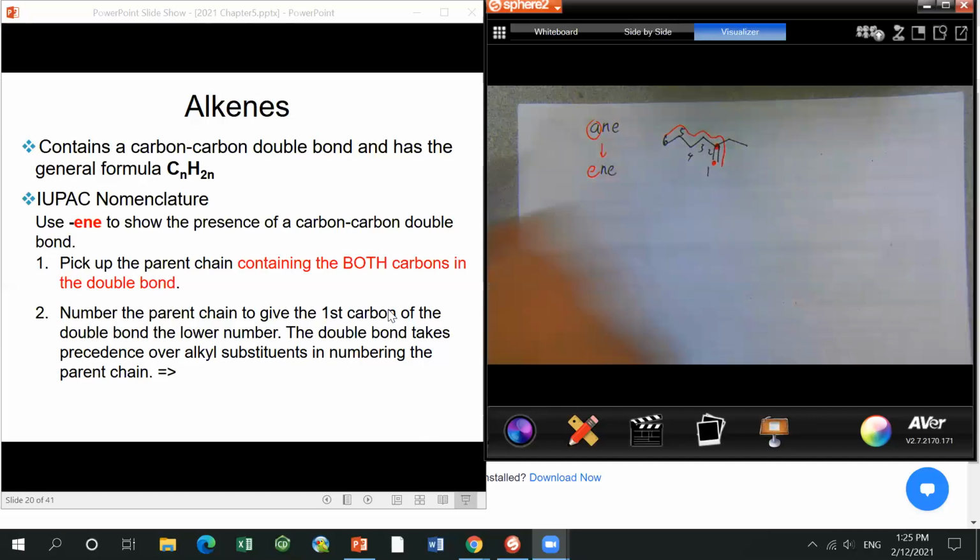All right, if there's an alkyl group and also a CC double bond in the carbon chain, keep in mind that the double bond has higher priority than the alkyl group in the numbering of your parent chain. What does that mean? Let me give you one example.